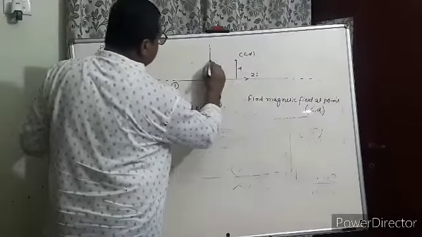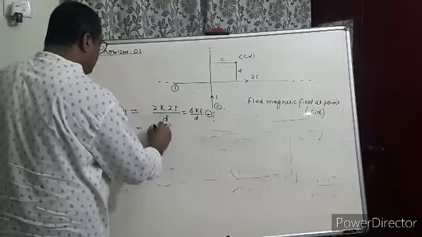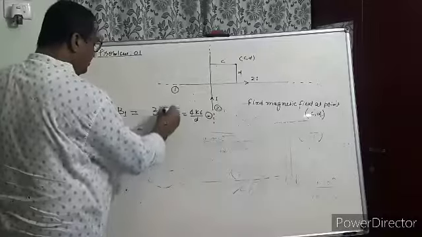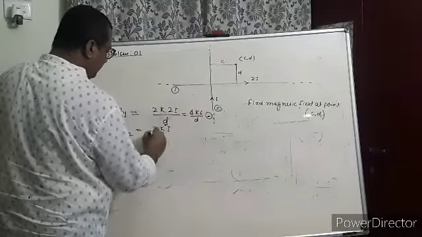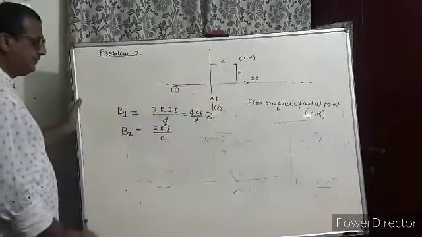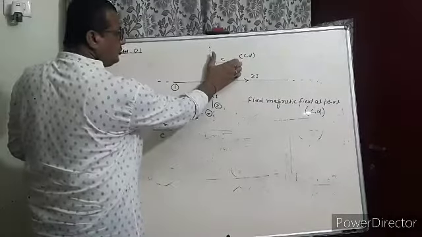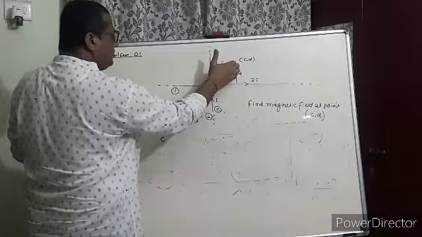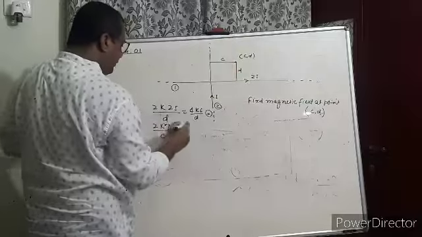This distance will be equal to C. So this will be equal to 2Ki, and the distance is C. So this will be equal to 2Ki by C. And this is inward. Thumb is indicating the direction of current, and this is the position, so here the fingers are going in. So this will be inward.